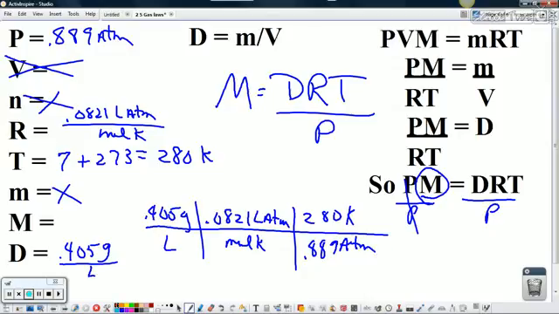Just for a check, this is the density, this is the R, this is the temperature, and this is the pressure. Does that match what I have up here? Yes, I have dRT across the top, and on the bottom I have pressure.